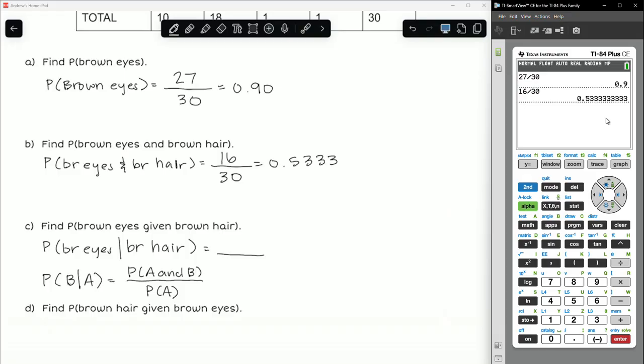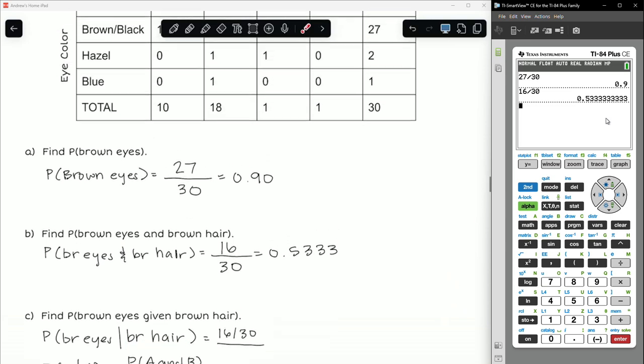And we just did that. That was our answer to B. So I know that this is 16 over 30 on top. On bottom, I need the conditional probability, the probability they had brown hair. So I need to go back to my table.